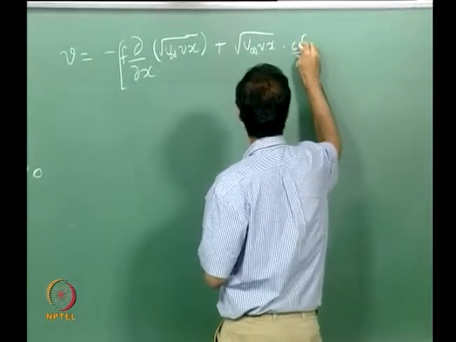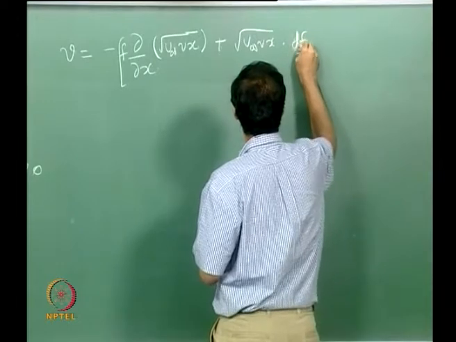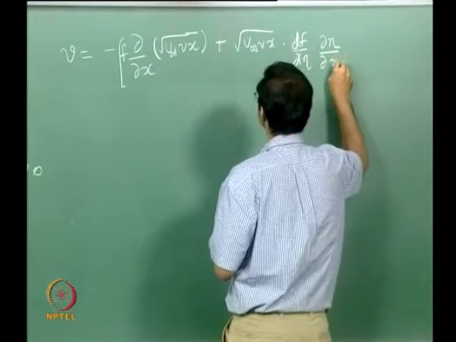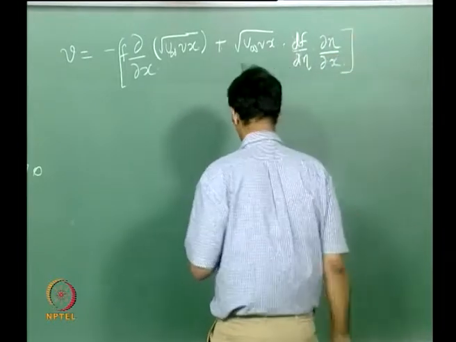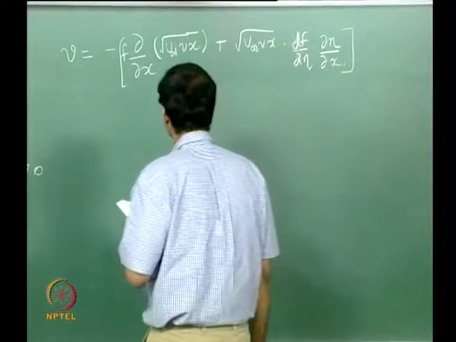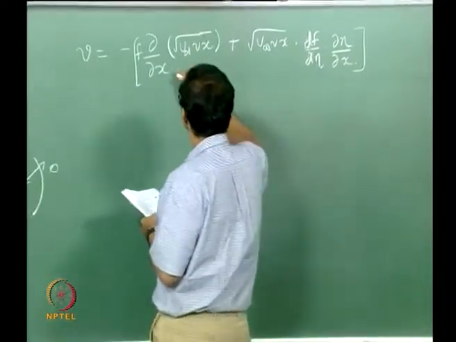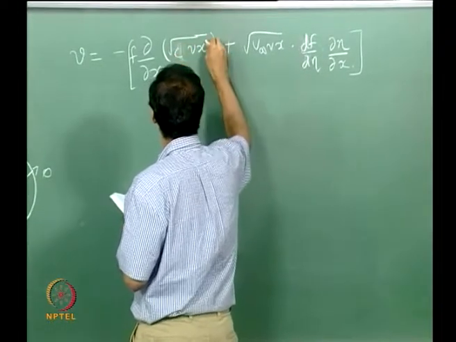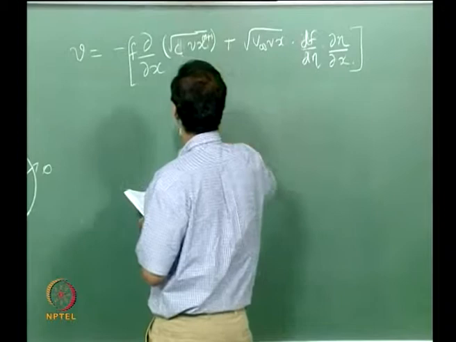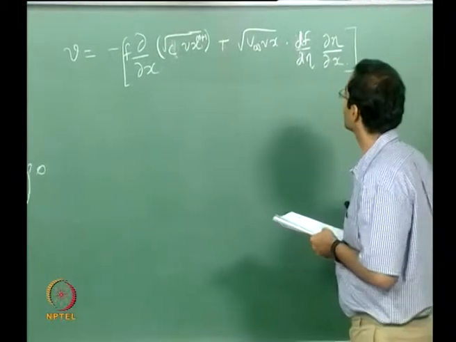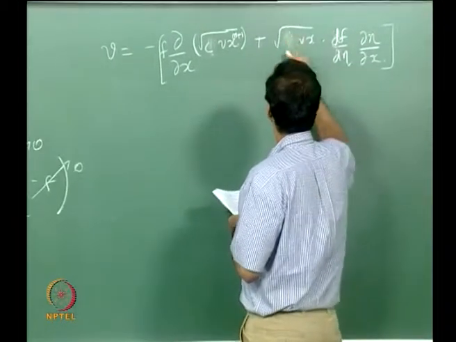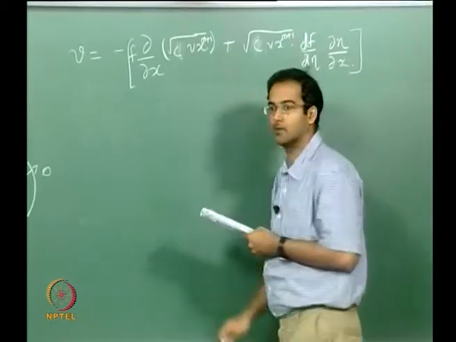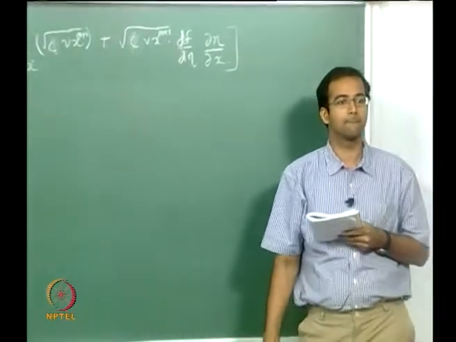In fact this will be a total derivative here, df by d eta into d eta by dx. Okay, so you can substitute for u infinity in terms of Cx power m. So this will be m plus 1 inside the square root. Okay, so this also can be written as C nu x power m plus 1, right.